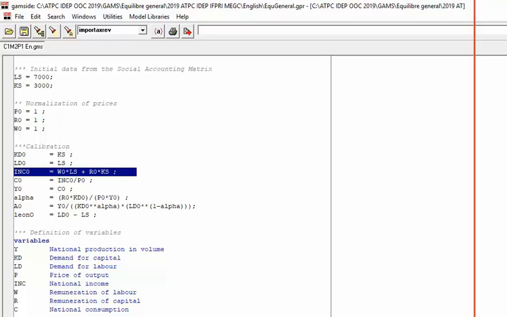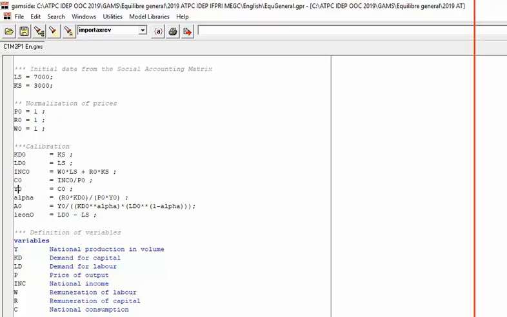You follow the model. And then if you have a value for INC0, you can calibrate C0 because in the model you have the equation P times C is equal to INC. So you can calibrate C0. It is INC0 over P0.